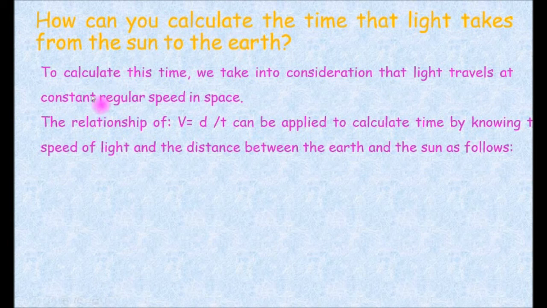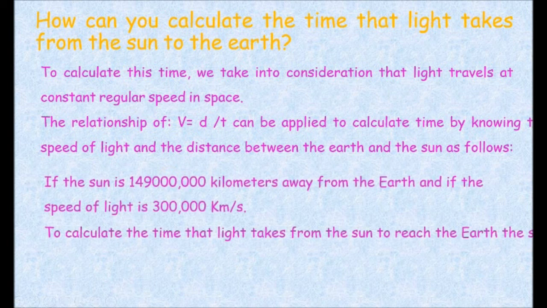To calculate the time, we need to know two pieces of information, which are the speed of the light and the distance between earth and sun. Both pieces of information are fixed and known. From the relation V equals D divided by T, we can calculate the time.